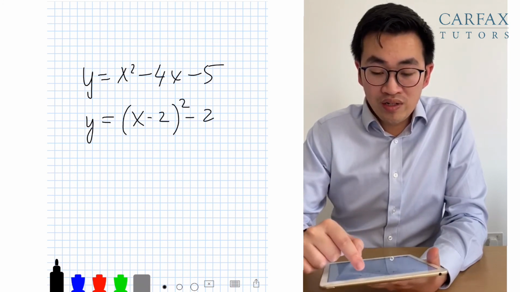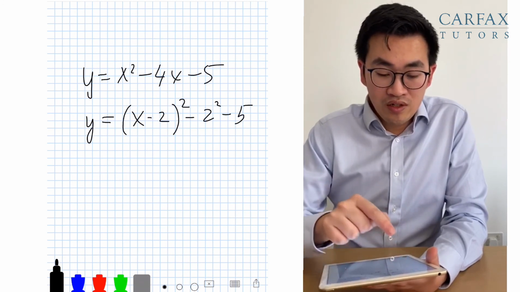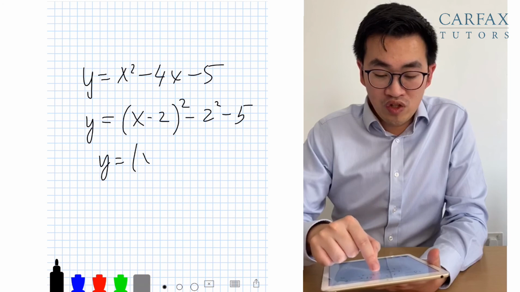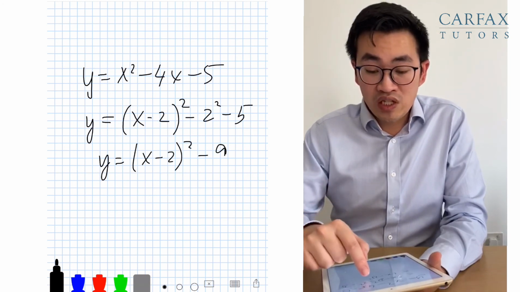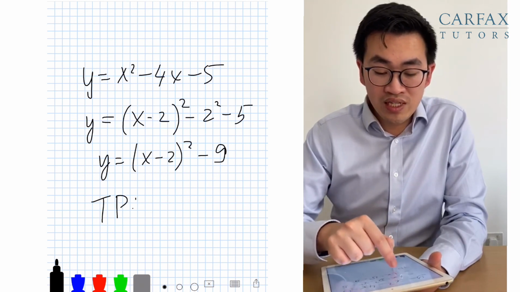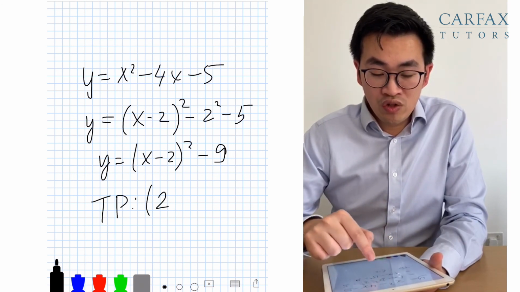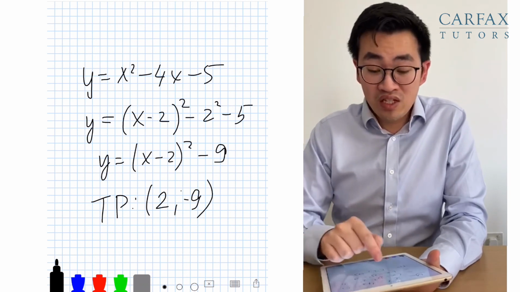Subtract that squared, and then minus 5 at the end. So we have x minus 2 squared, negative 2 squared, negative 5 is just negative 9. So therefore the turning point, which in this case is a minimum, would be 2, negative 9. And that's the answer to your question.